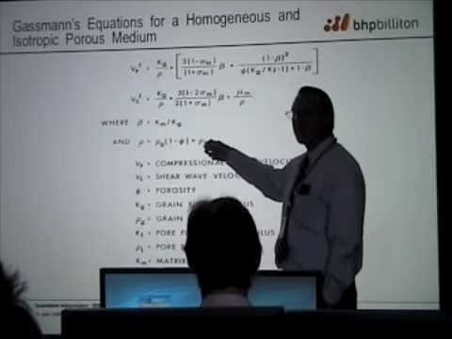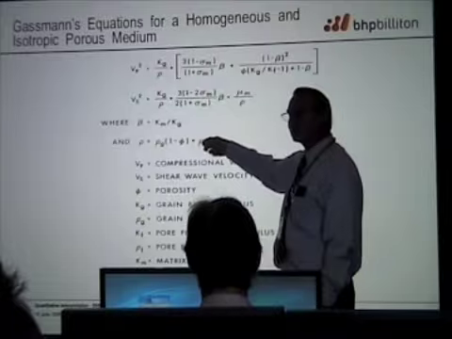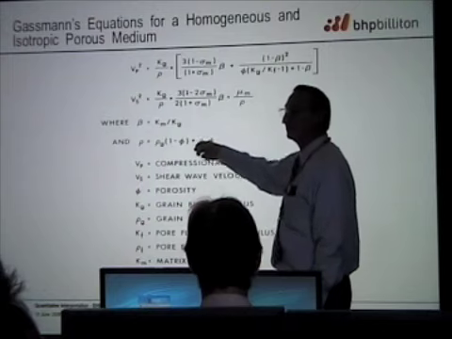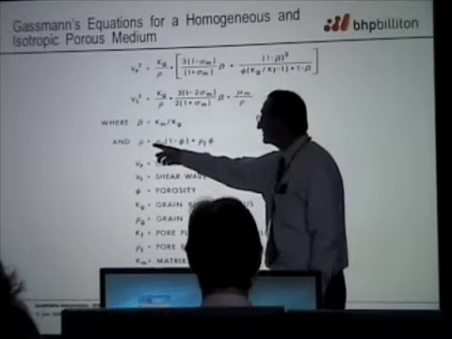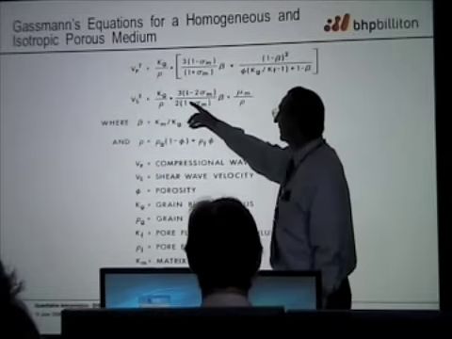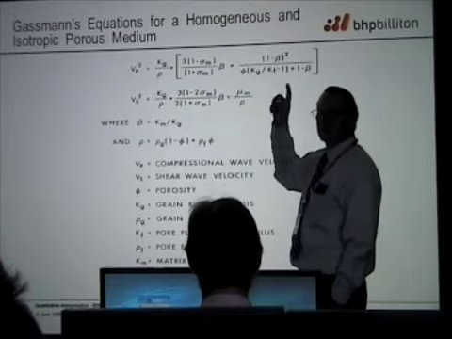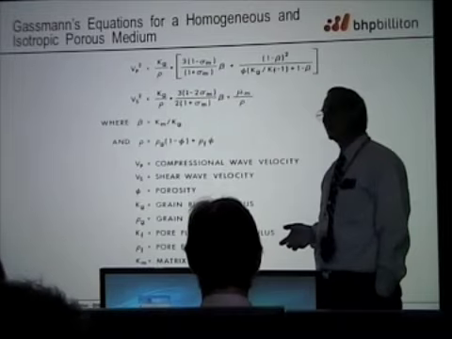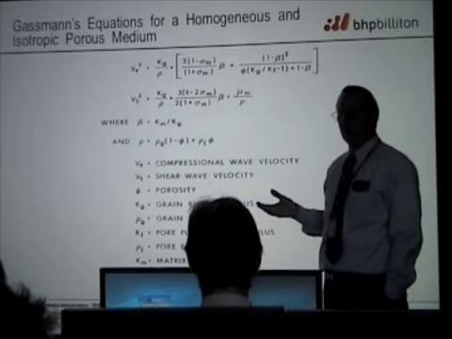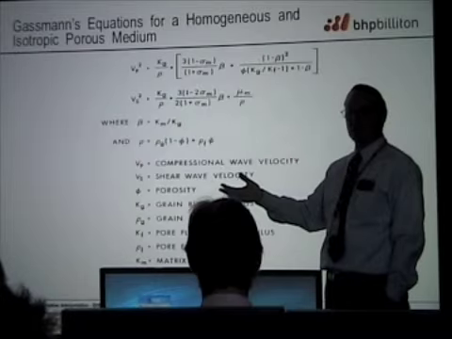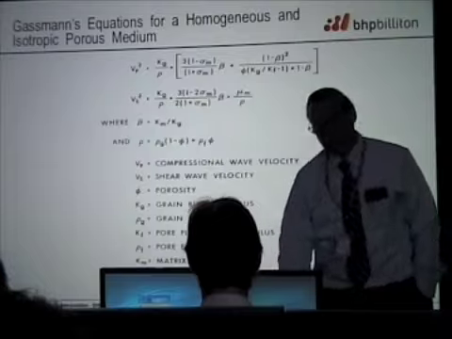When I put gas or oil in here, I'm still going to have a little left. This term's still going to be finite. It may not be big, but it's going to be finite. So I'm not going to change the density very much. The velocity depends on the square root of the inverse of the density. So I'm only going to change the density by about 10% at maximum, and I take the square root of that, it's only going to be 5%. 5% isn't very much.